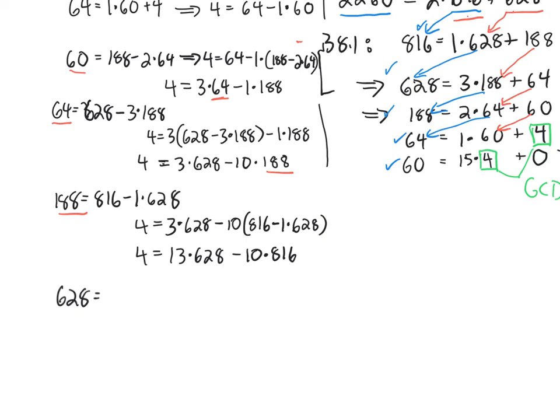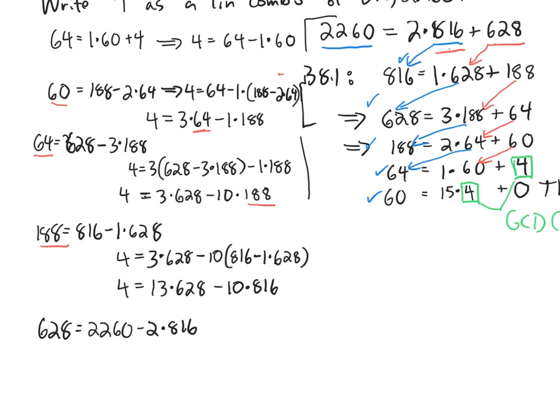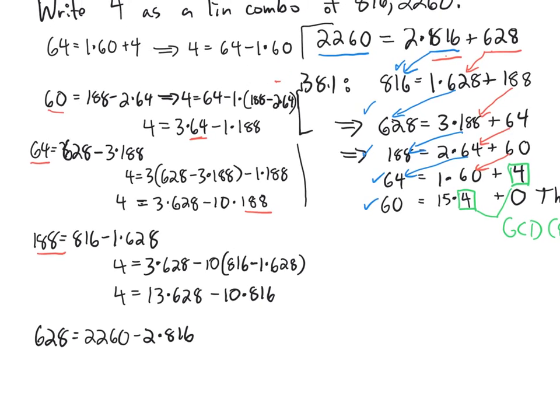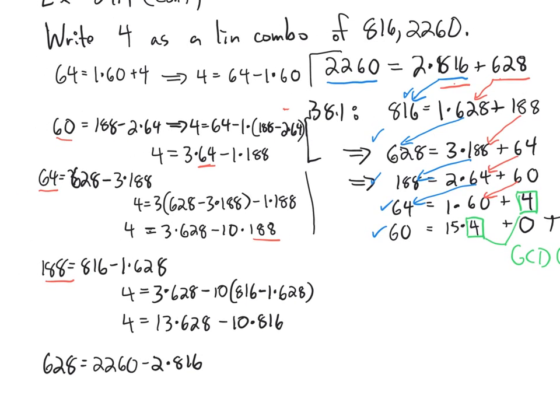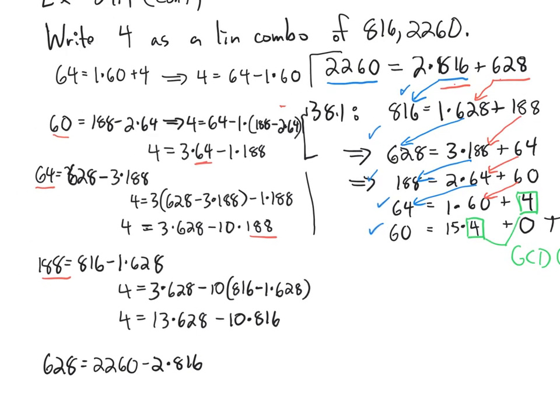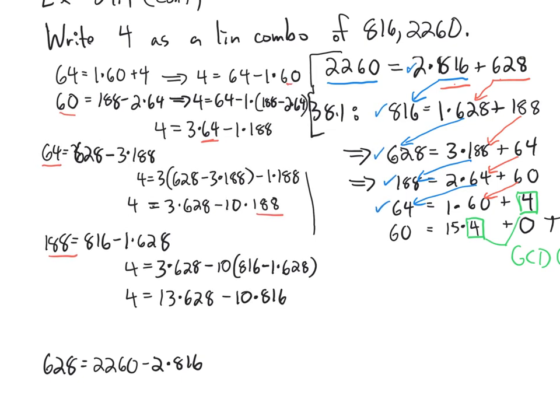It is 2260 minus 2 times 816. Looking at our top equation here. Oh, I have these check marks in the wrong place. Can I change that easily? Yes, I can. There we are. So we're just doing a top equation there. So solving this equation for the remainder, 628 is 2260 minus 2 816s. There we go.